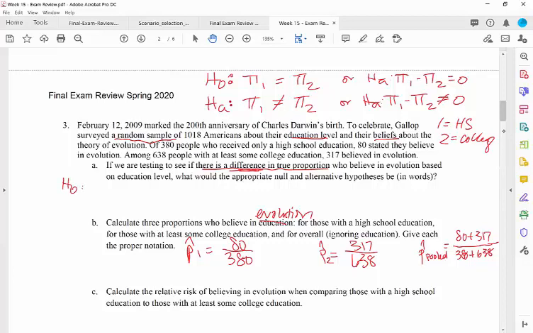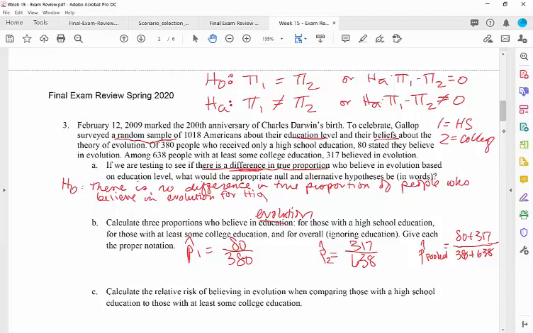So our null assumes there is no difference in true proportion of people who believe in evolution for high school educated and college.